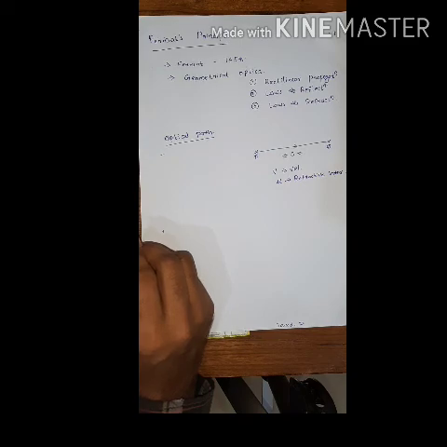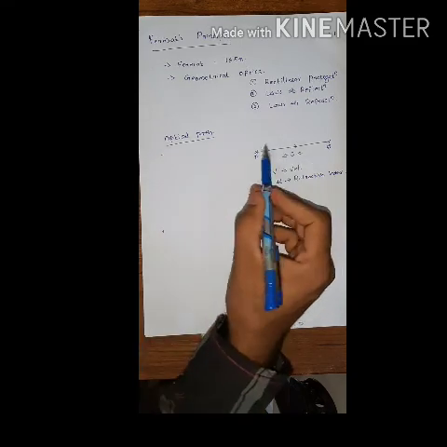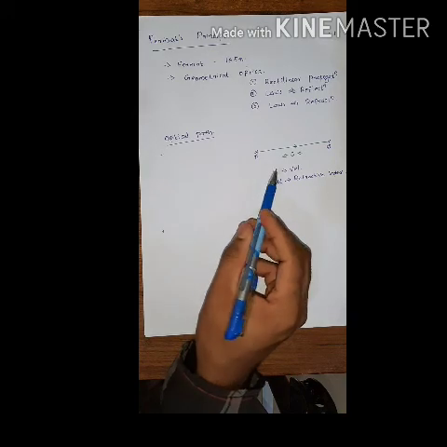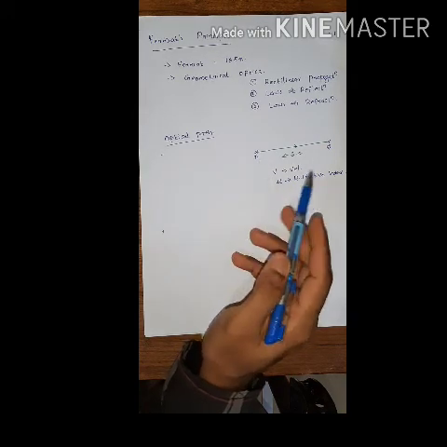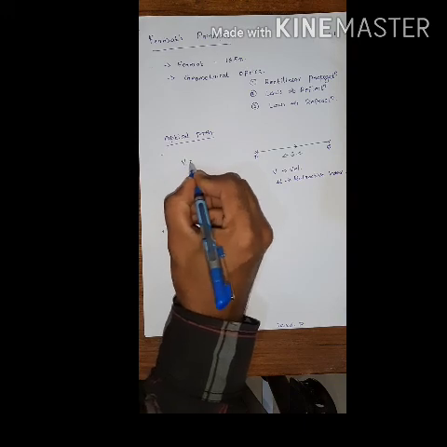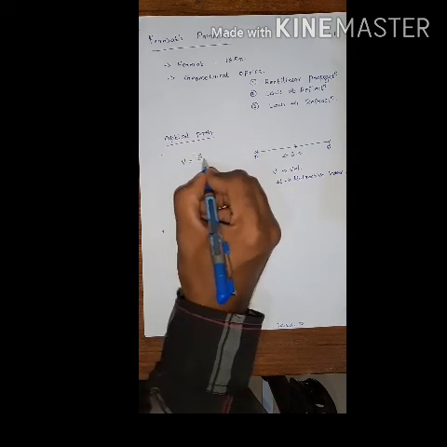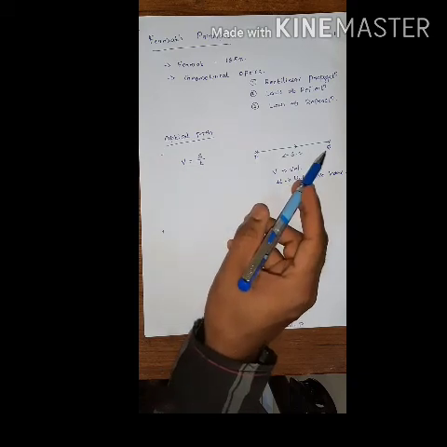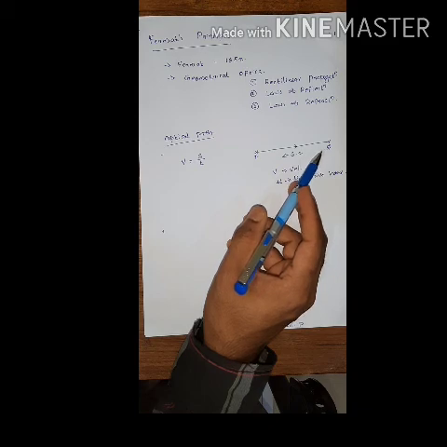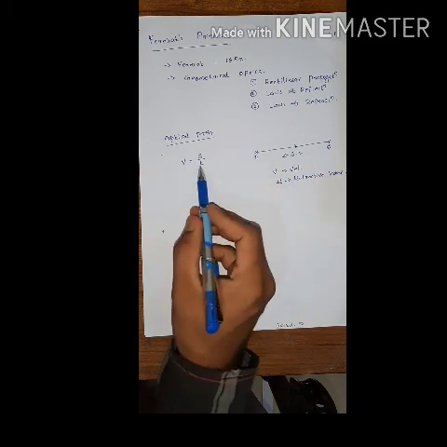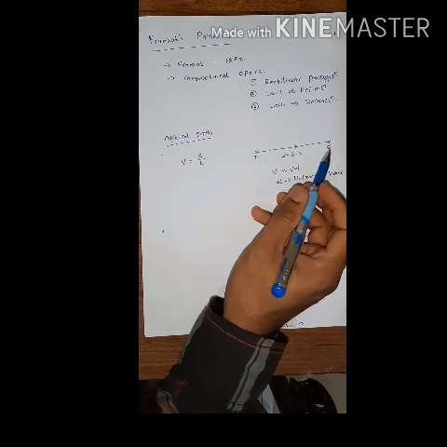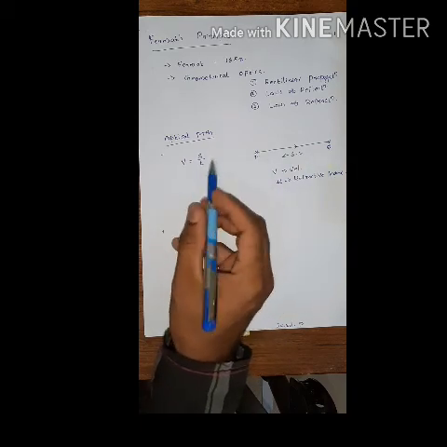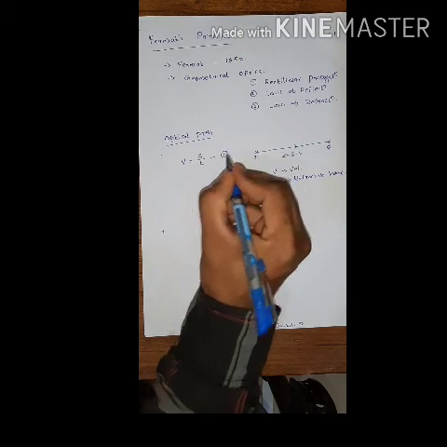From basic theory, if an object is moving from P to Q, and S is the distance between P and Q and V is the velocity, we can write the velocity V equal to S divided by T, where T is the time taken to move from P to Q. Similarly, a light ray consumes a time T for covering the distance S at the velocity V. Let us mark this equation as 1.